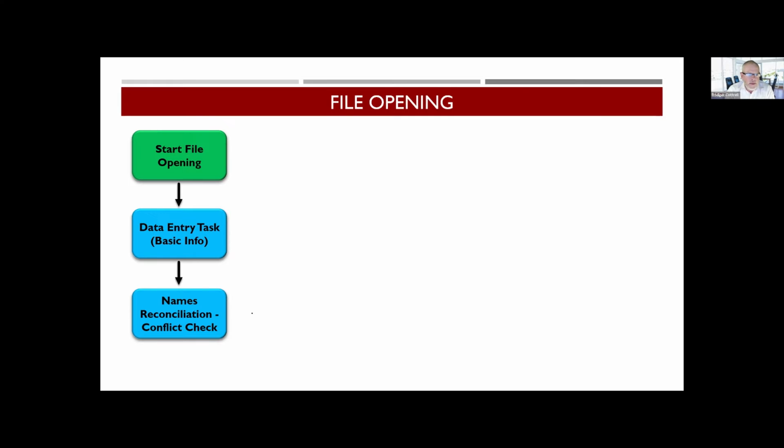On that basic form, you would, of course, capture information like the client name, matter description, and the related parties. And there may be some other information that you want to capture at that point.